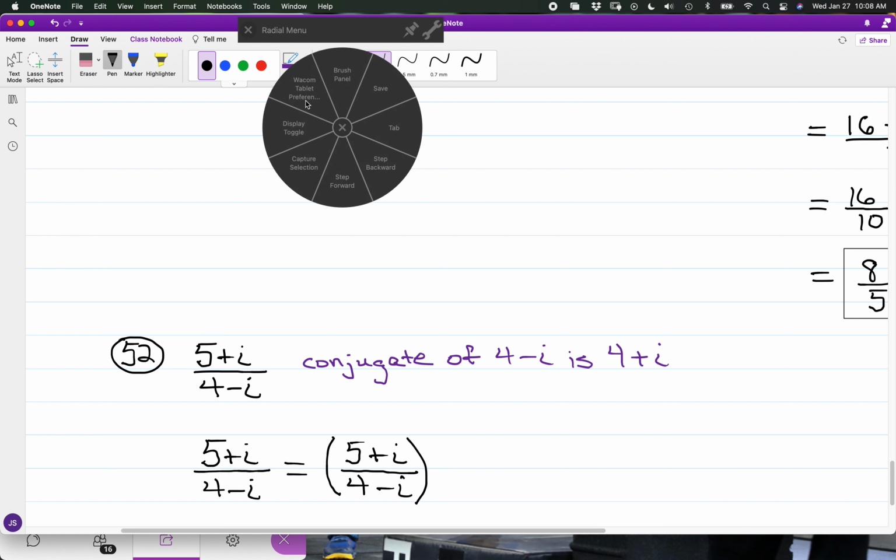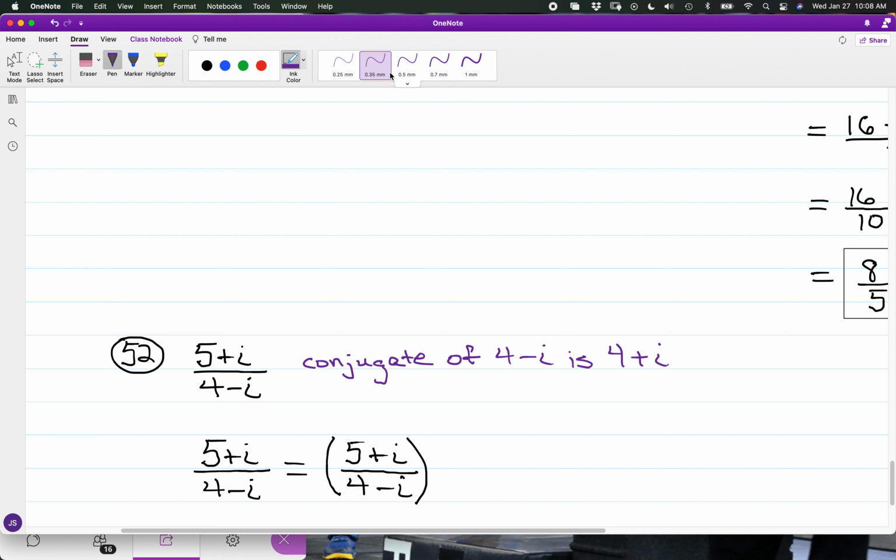And if I multiply by 1 in the form of the conjugate over itself, and in this case we have 4 plus i over itself, and we have with distributed, 5 times 4 is the first product, so you have 20. 5 times i, you have the outside part, 5i.